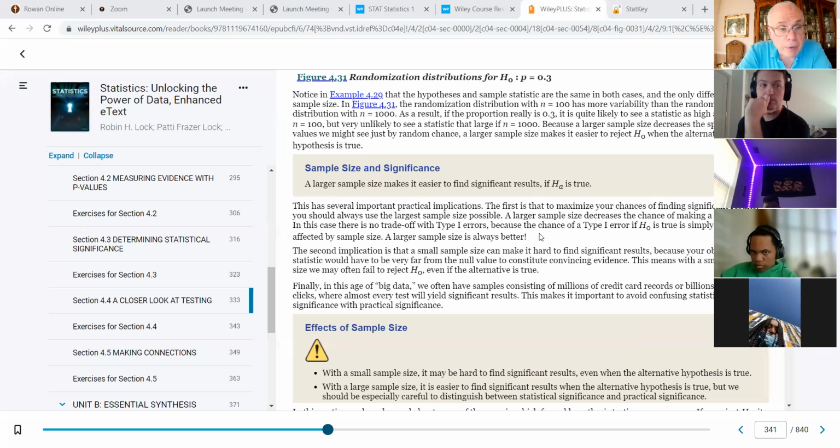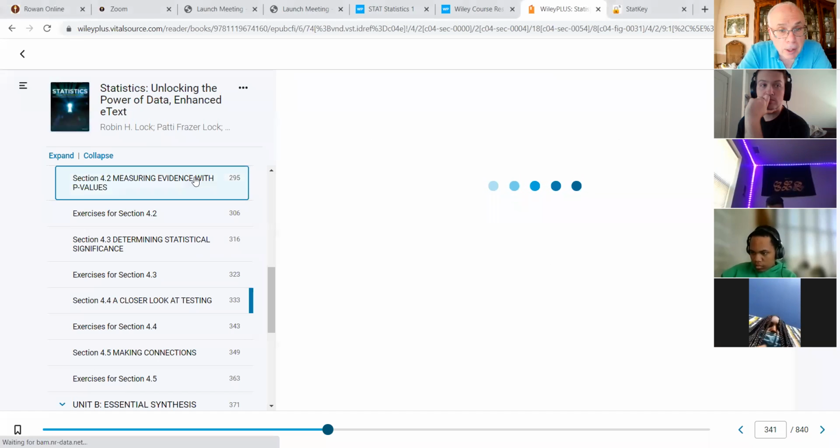All right, so let me share screen, and we'll go to the textbook. Second here. All right. So we're going to go back to section 4.2 just for a little bit.